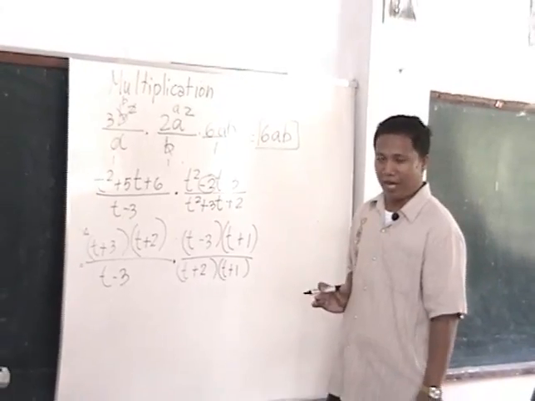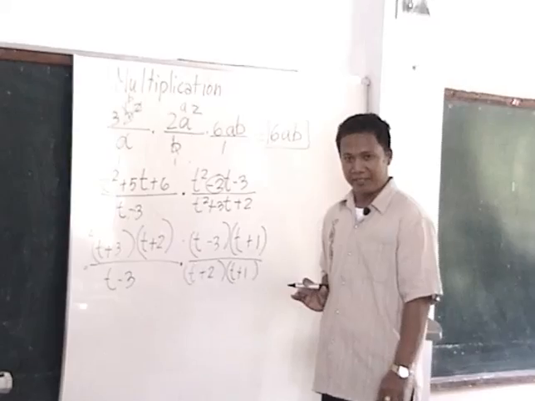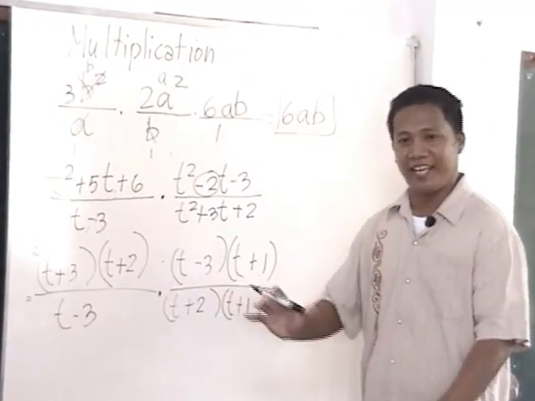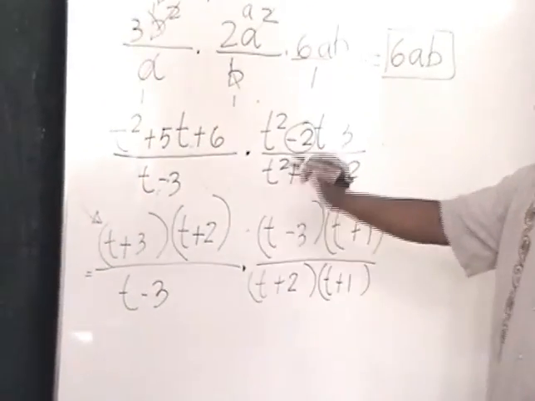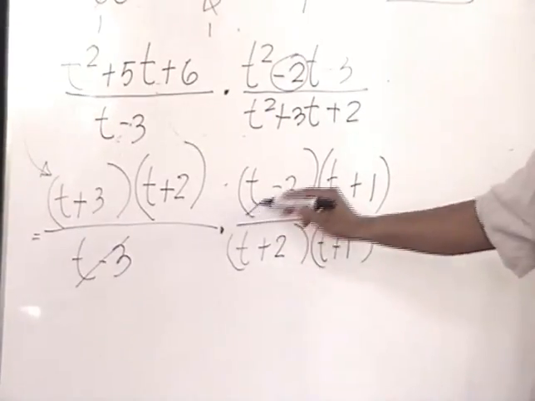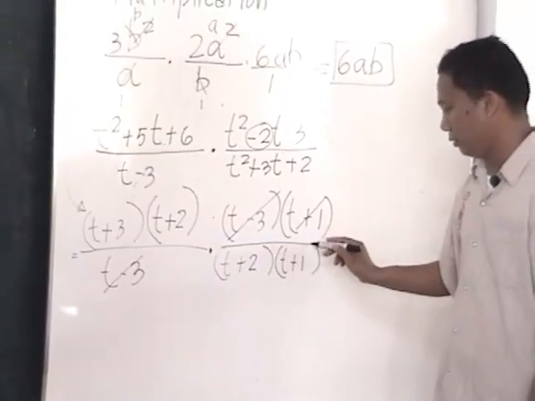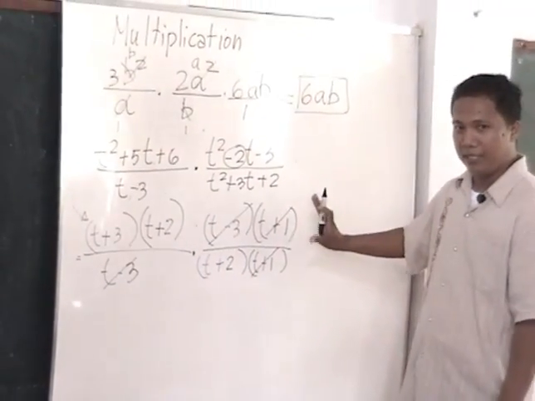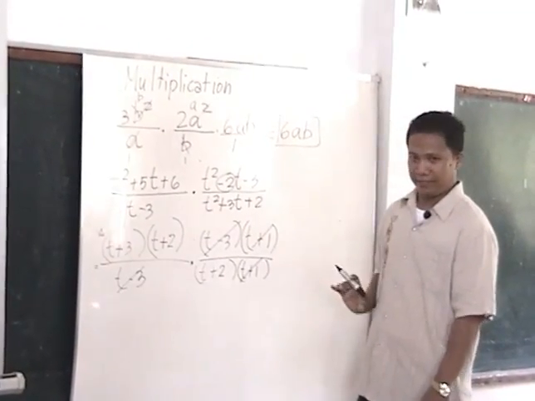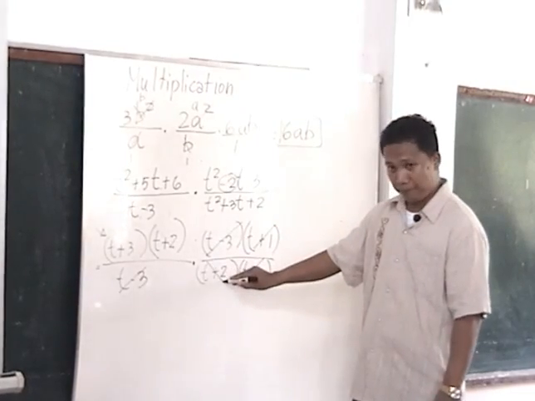So all of this, what can you notice about the given problem? There is the so-called cancellation process, isn't it? So let us cancel. So t minus 3 can be cancelled out with t minus 3 on the numerator. T plus 1 can be cancelled out also, because we are having the value for the numerator and the denominator. What else? We have also t plus 2 and t plus 2.